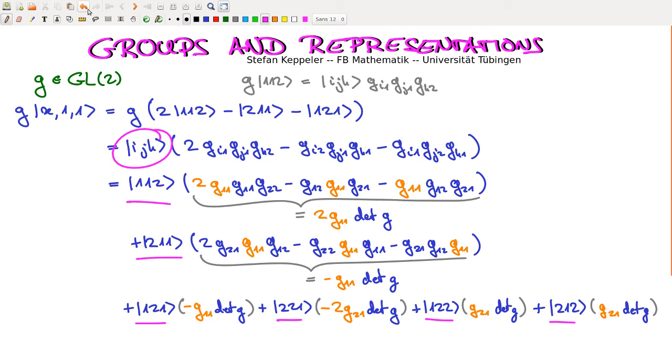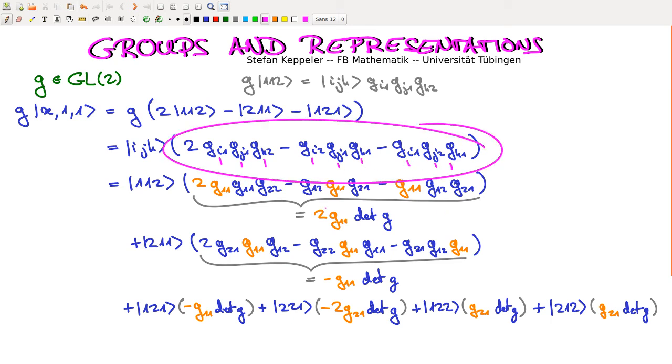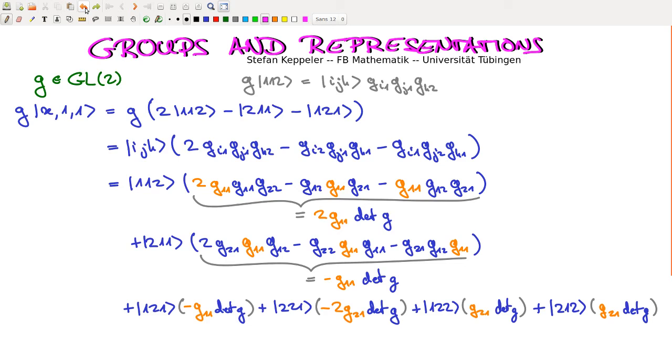So where are the remaining 2 terms? Well, there is nothing proportional to 1,1,1 or to 2,2,2, because if we insert 1,1,1 for each of the indices, here, here, here, here, here, here, then the whole thing vanishes. And the same for 2,2,2. So there are only 6 non-vanishing terms here in this sum.